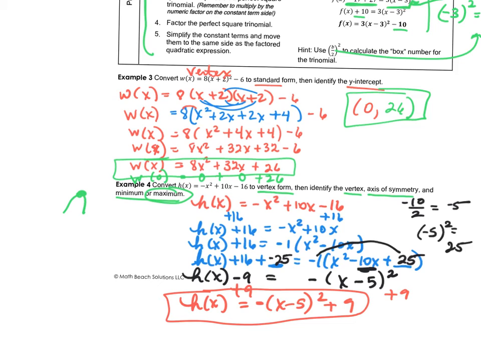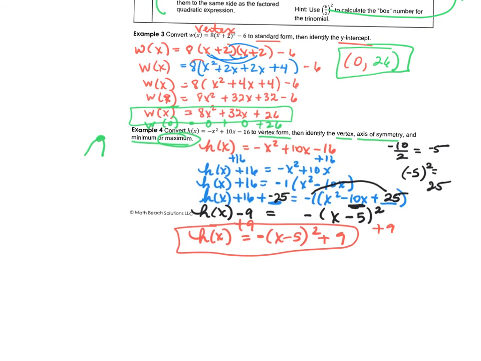You can go back and look on the front of your paper, the first page, and it tells you about vertex form. And I'm just going to write the general equation for vertex form underneath it so that you can see it: a times (x minus h) squared plus k. So if you go and look, your h is 5 because a negative makes it a 5.